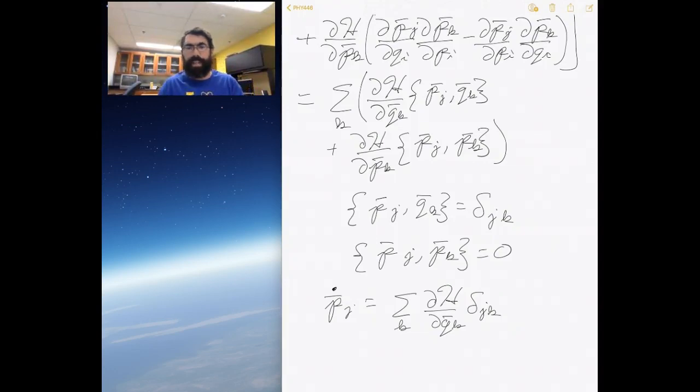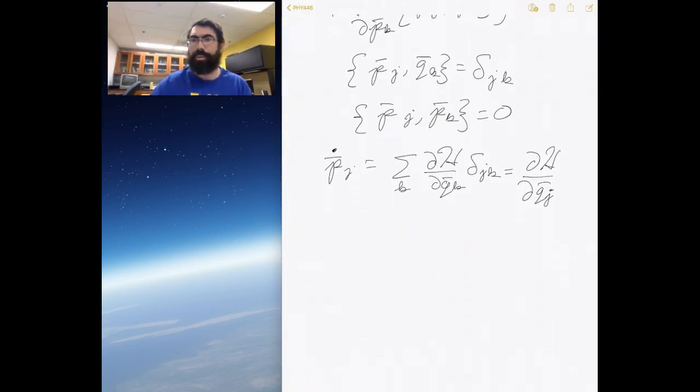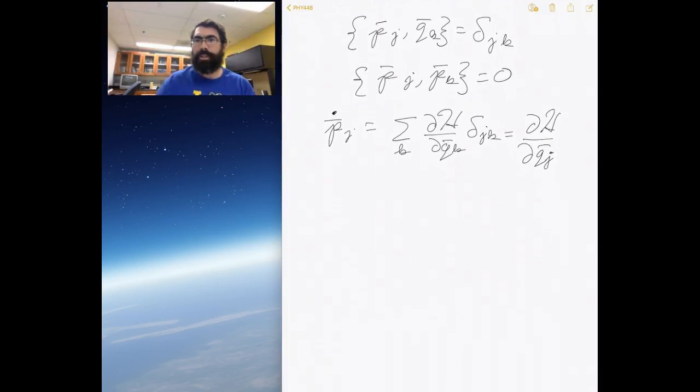We sum over k, and we basically get the derivative of the Hamiltonian with respect to position in the barred system. So again, we return to one of Hamilton's equations. And that was possible because the canonical transformation keeps these Poisson brackets intact.